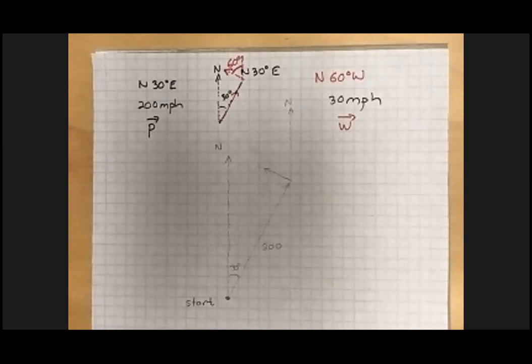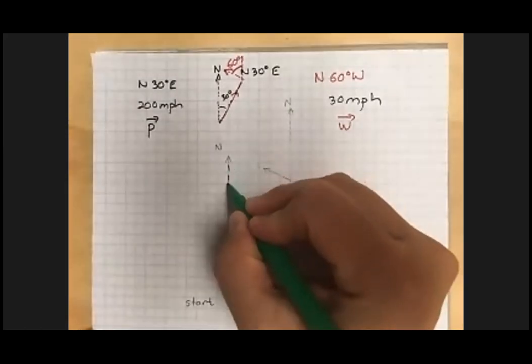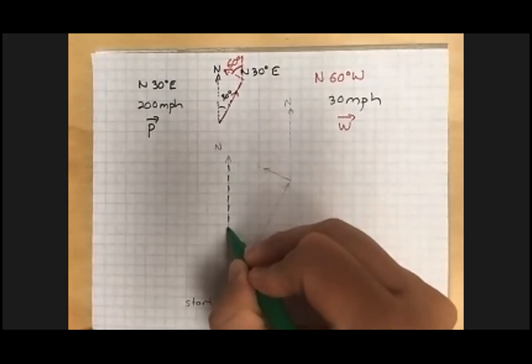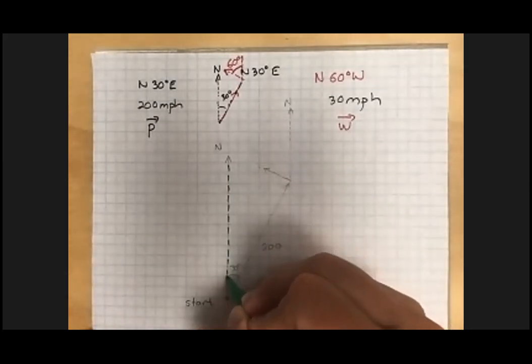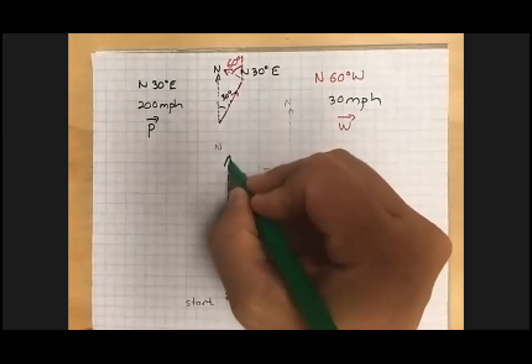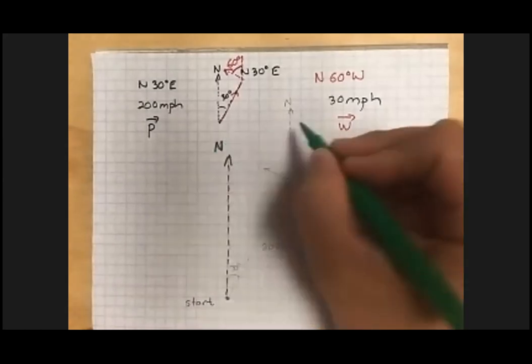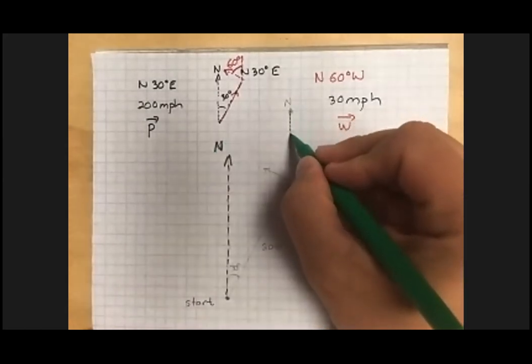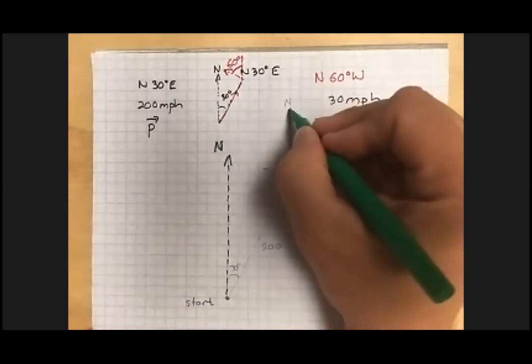And now let's draw it very neatly. So I'm going to make a dotted line here to represent north.